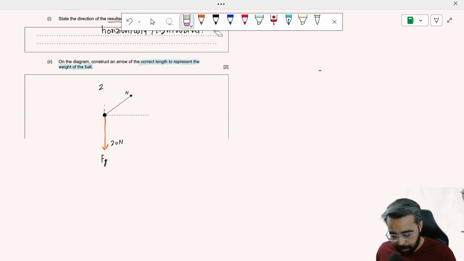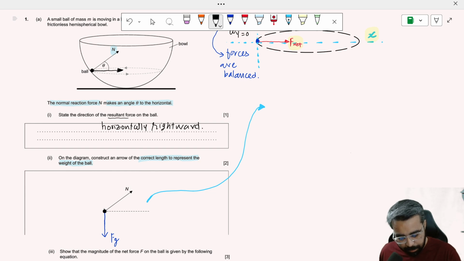So we should draw the correct length up to that extent, and this is the gravitational force mg. Now in the next diagram, let's see it in more depth. I'm just drawing that segment where this ball is in contact with the surface of the bowl.